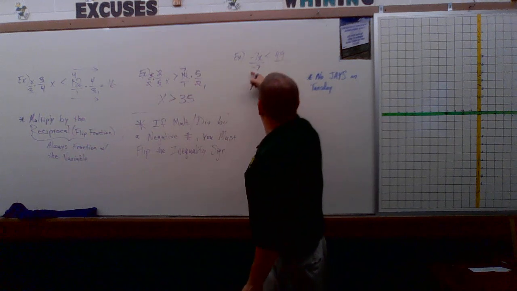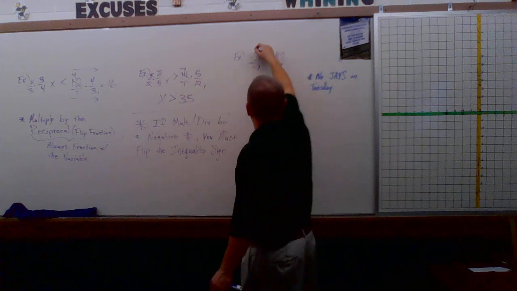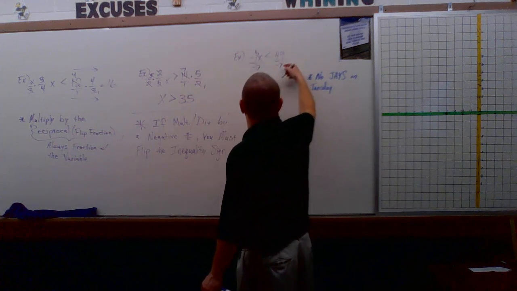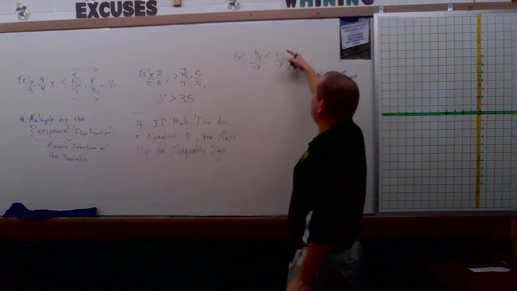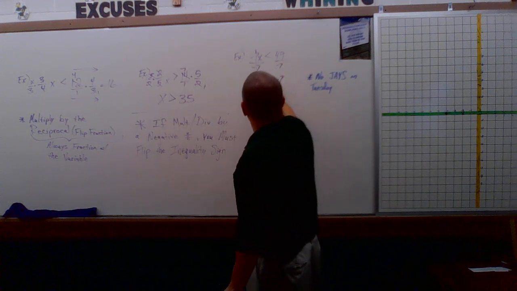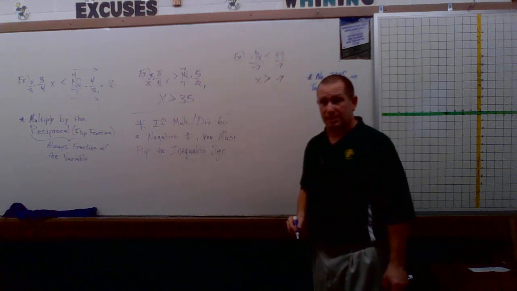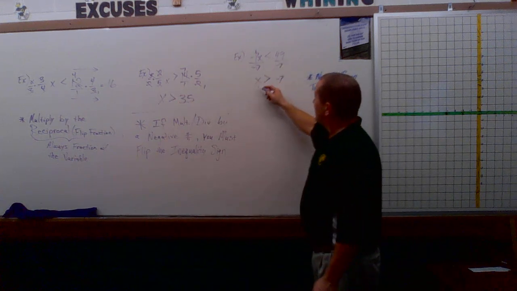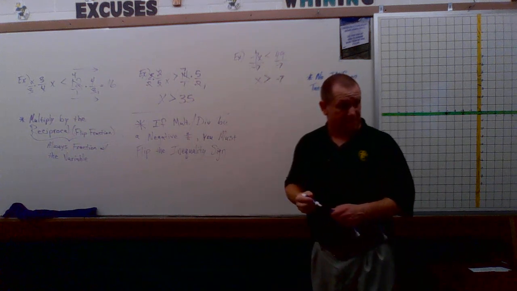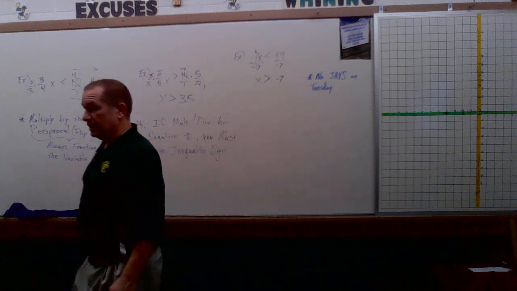And whenever I do it to one side, I have to do it to the other side. So I do my division like I would normally do. What do I get when I divide 49 by -7? -7. But because I divided by a negative, I have to switch my inequality sign. So x is greater than -7. Exactly right. Remember that from last year. Perfect.